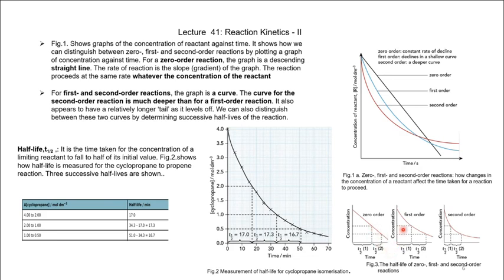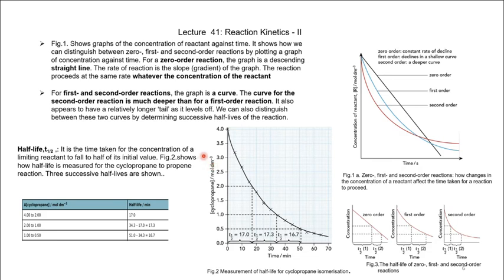For first order, half-life is constant while the reaction is proceeding, and for second order, half-life is increasing while the reaction is proceeding. That is the unique value, and we can identify the order by measuring half-life, by measuring concentration versus time, or by measuring the other graph we showed in the last slide.